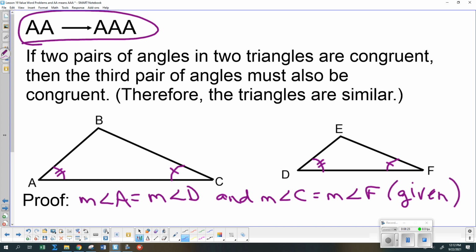But I need to show, got 2 sets of angles, I need to show that the third set of angles match up. So I need to show that the measure of angle B and the measure of angle E equal each other. That's what we're going to try to get to.